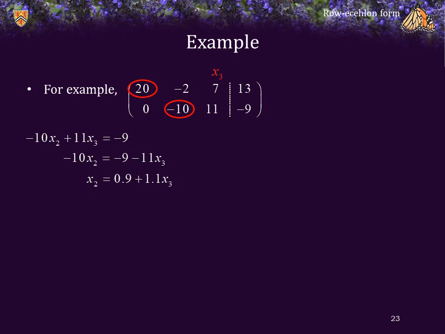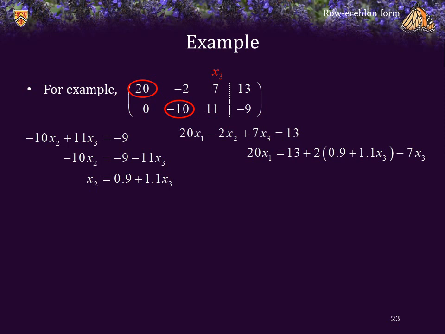Alright, so we have now seen that x3 is free. We've solved for x2. Now let us go from row 2 back to row 1. Row 1 gives us the equation 20x1 minus 2x2 plus 7x3 is equal to 13. Now, we've found what x2 is in terms of x3, and x3 itself is free, so we can bring those onto the other side while substituting in what we found the value of x2 to be.